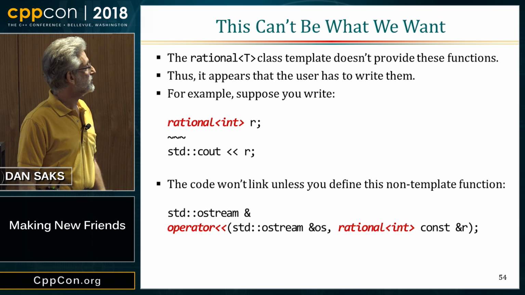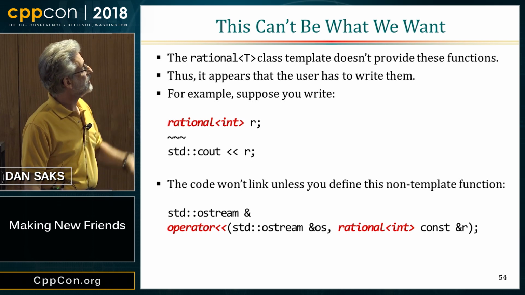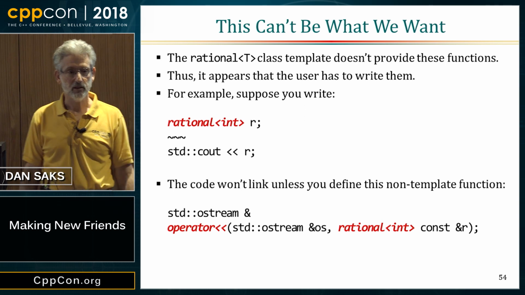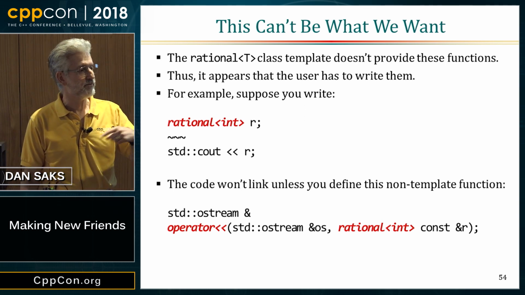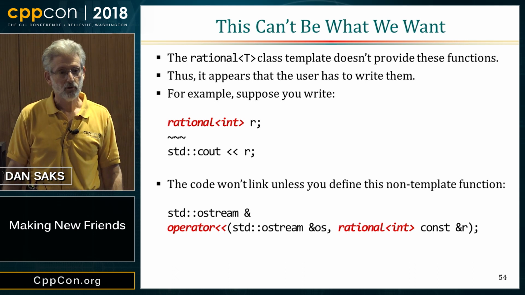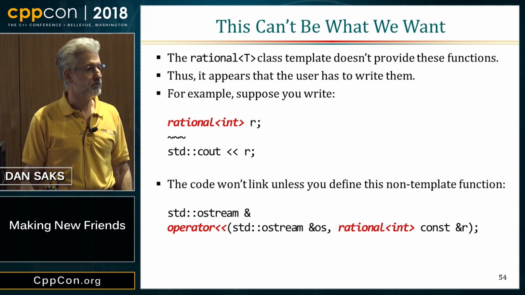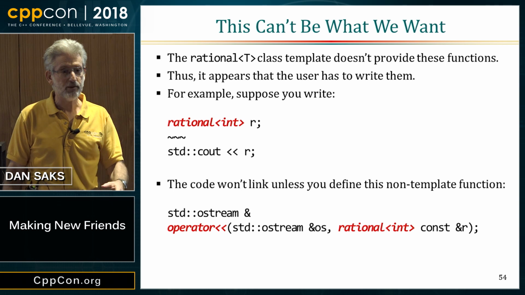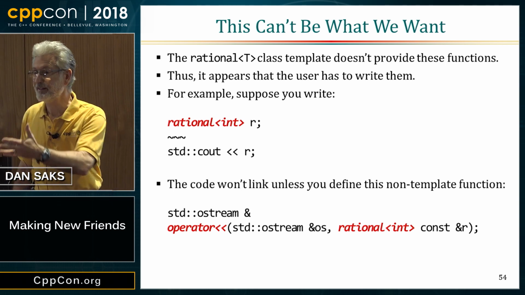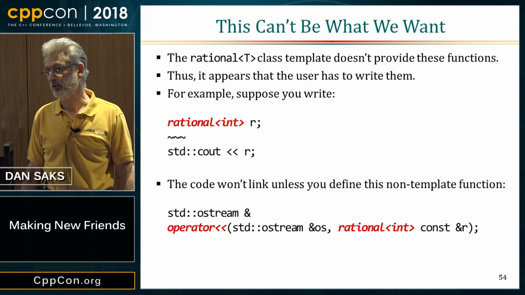The problem is that when I instantiate rational with type int as its type argument, it will grant friendship to a function that's an output operator that takes a rational int, but it never produced a definition for it. And so what happens is I then become responsible to implement that output operator if I want my code to link.